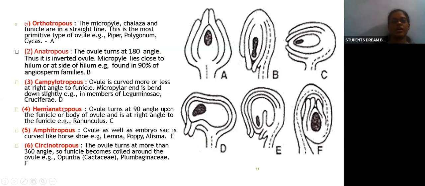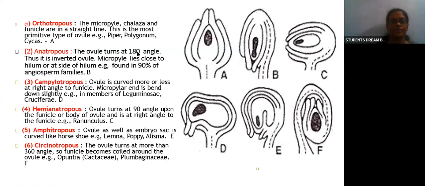Then hemianatropous: the ovule turns 90 degrees upon the funicle, a right angle to the funicle. And amphitropous means the ovule as well as the embryo sac is curved like a horseshoe, as in this diagram. If it is horseshoe-like, it is amphitropous.